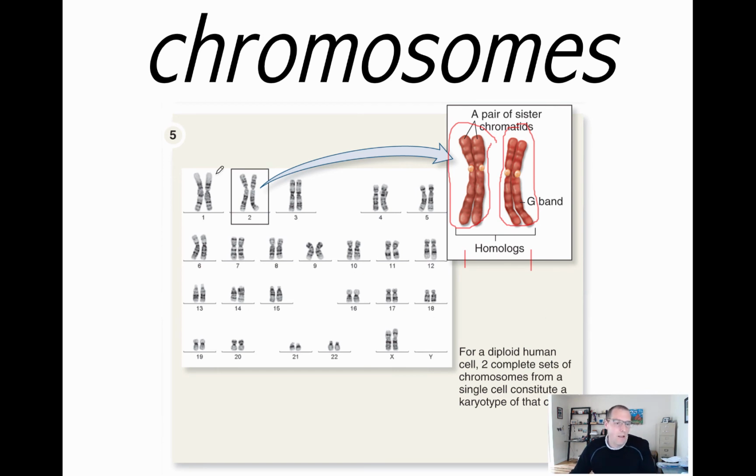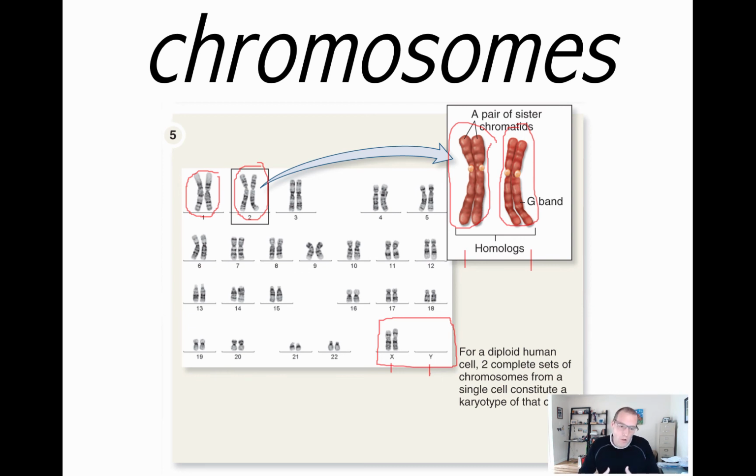You can see all of the homologous pairs: chromosome 1, chromosome 2, all the way down to the sex chromosomes, X and Y. We have 22 sets of what are called autosomes, the non-sex chromosomes, and then an X and a Y, or an X and an X. So that's what a pair of homologs is.